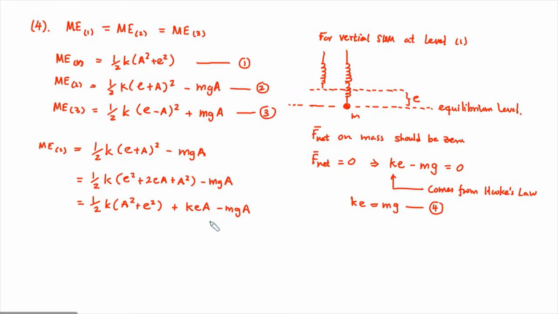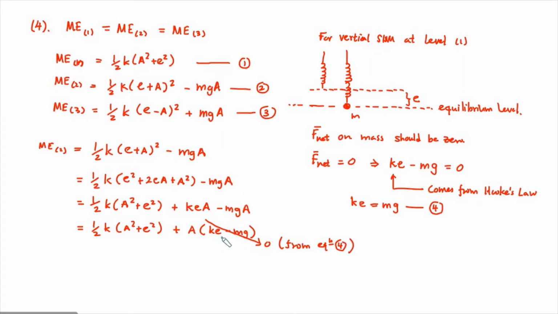So you can see, coming back to this, mechanical energy at 2, I have 1/2 K (A squared plus E squared), and if I pull out this amplitude A because it's common, I have KE minus mg, and this is going to be 0 from equation number 4, because KE equals mg.